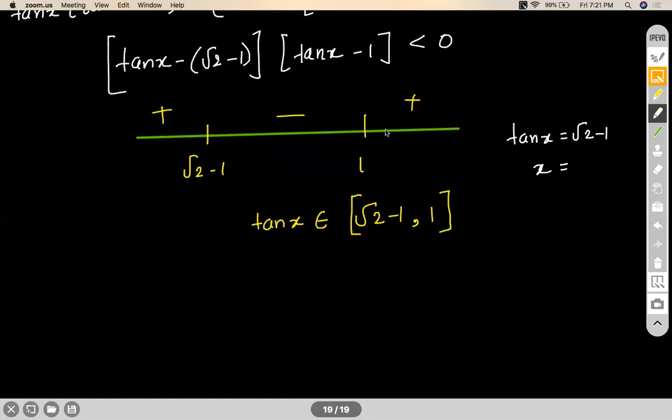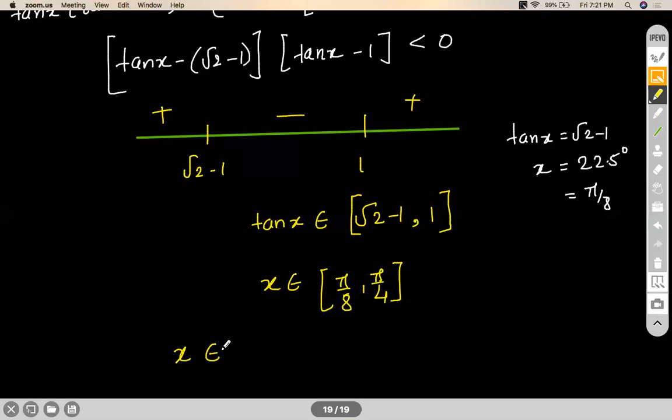No, not 15 degree. 22.5 degree. Yes. Pi by 8. Okay. So your x will lie between pi by 8 to pi by 4. And just add the period of n pi to each of the upper and the lower limits of this interval and take a union of this answer. That would become your answer.